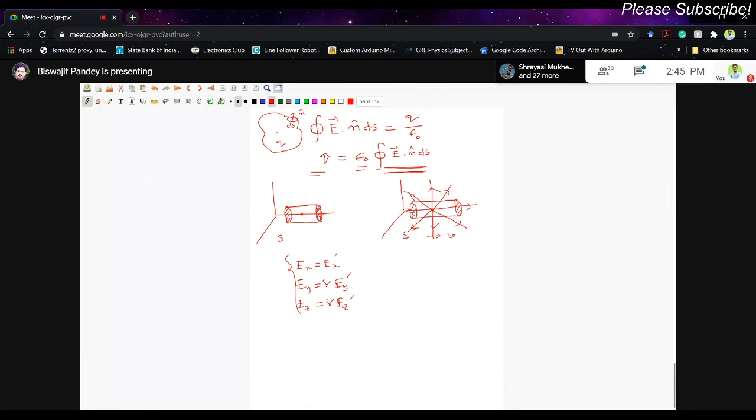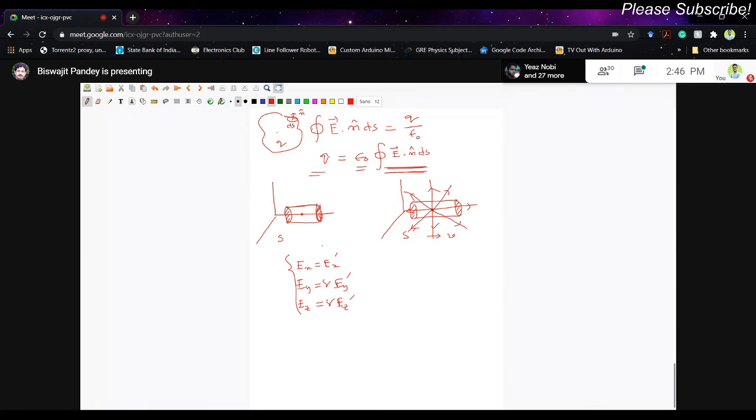Of course, it will change slightly because of the theta dependence I discussed, where the field gets slightly weaker here and stronger there. But if you take a sufficiently small cylindrical pill box, it is not going to change. Even for a big one, you have to use the expression I discussed in the previous page. For the time being, I'm just using the simple expression to explain this phenomenon.